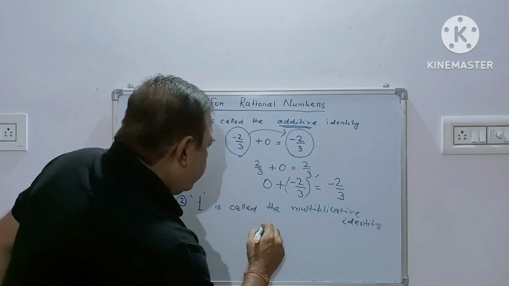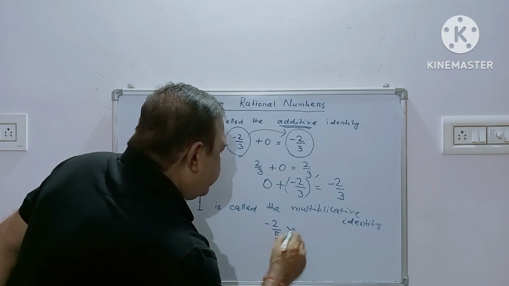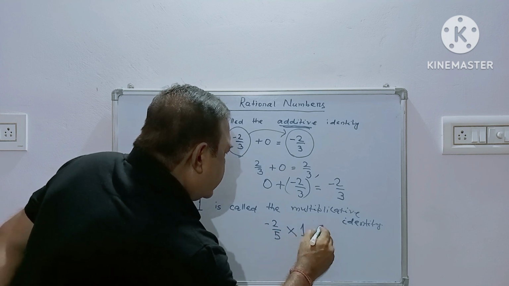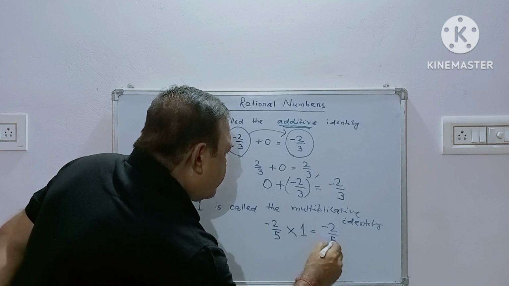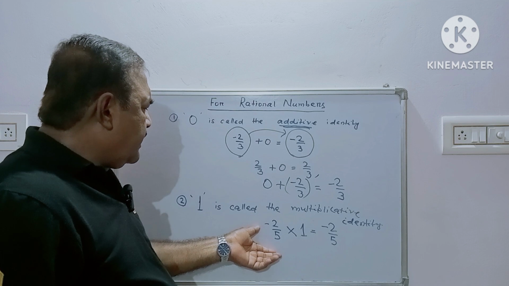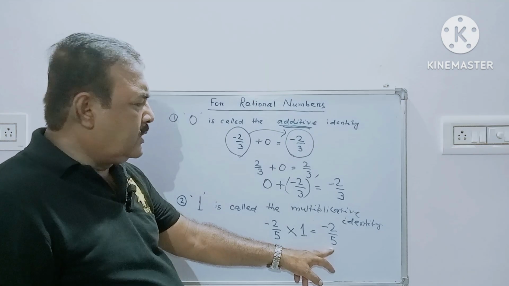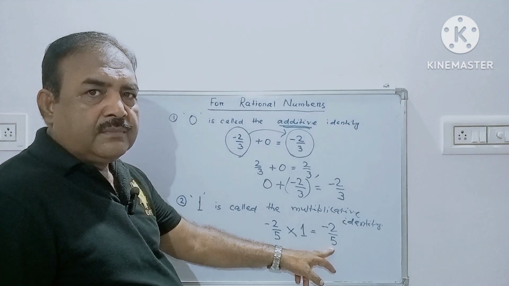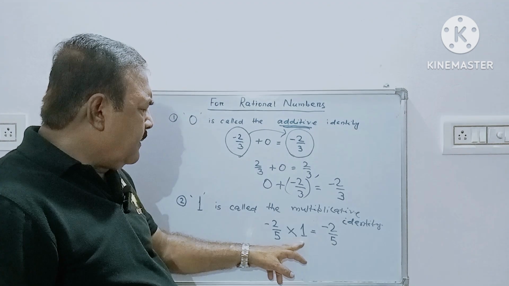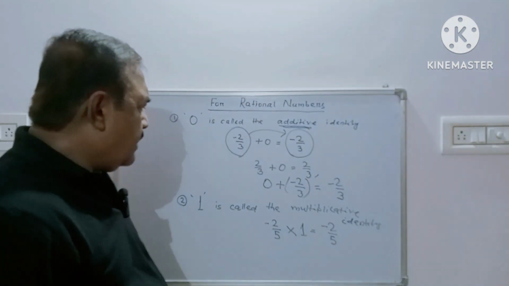Suppose minus 2 upon 5 into 1, that is equal to minus 2 upon 5. You multiply any rational number by 1, you will get the same rational number. No change in the value. The numerical value is the same. So 1 is called the multiplicative identity.